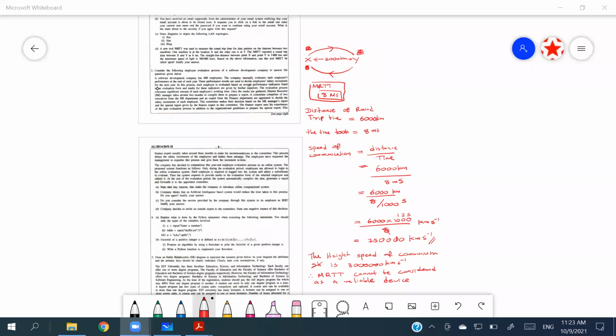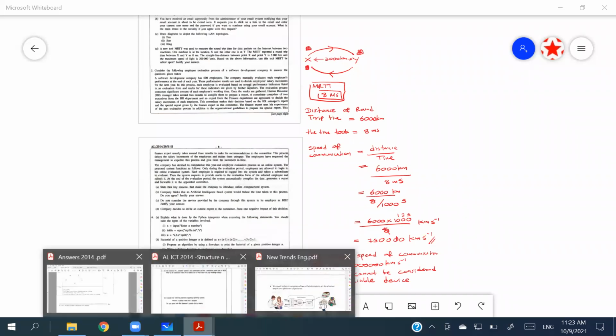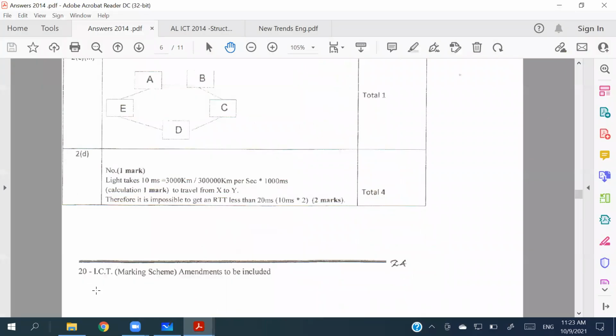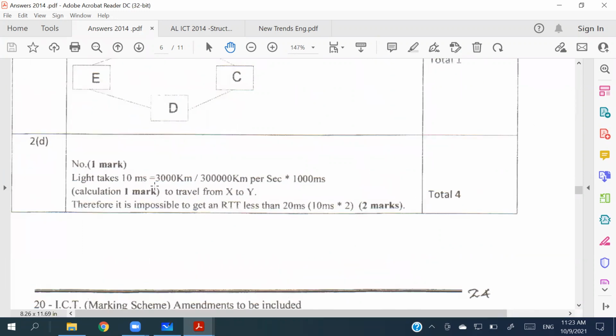Okay, so in the marking scheme, they are just referring to the time limit. It says light takes 10 milliseconds to travel 3,000 kilometers, so for 6,000 kilometers at light speed it is 20 milliseconds.